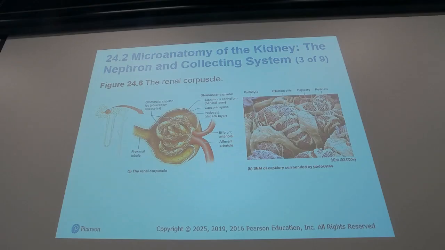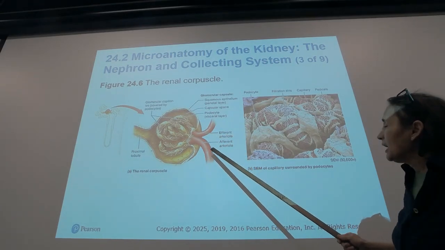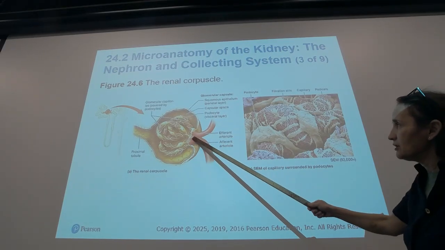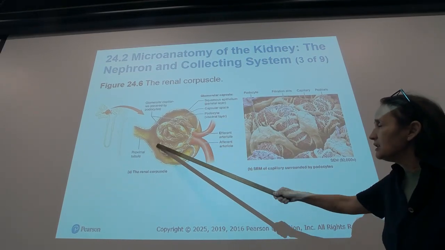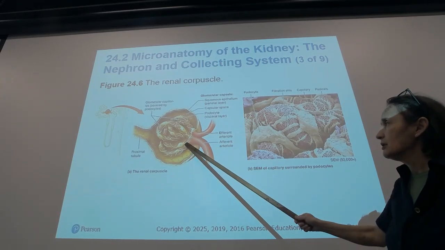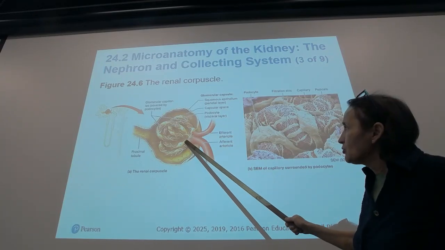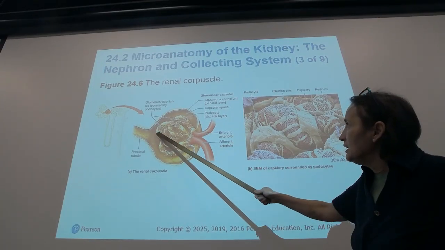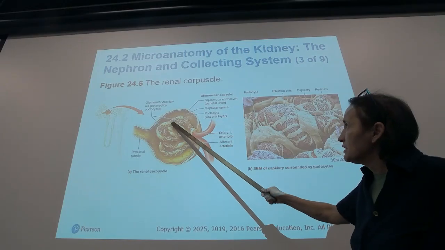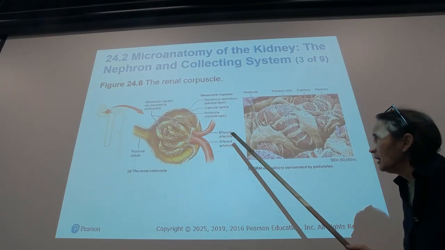So then this is the microscopic anatomy of the renal corpuscle. So here we have the afferent arteriole, which is wider in diameter than the efferent arteriole. And then it makes this tuft of capillaries, which is called the glomerulus. And then the glomerulus will be surrounded by these podocytes, which forms the visceral layer of the capsule.